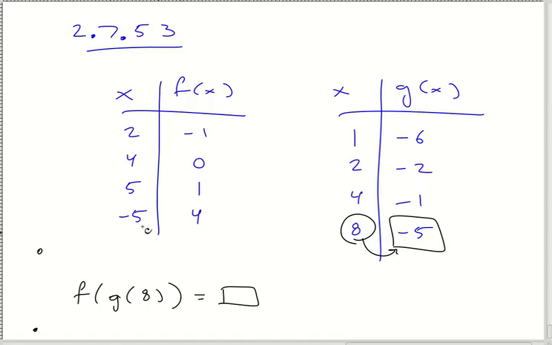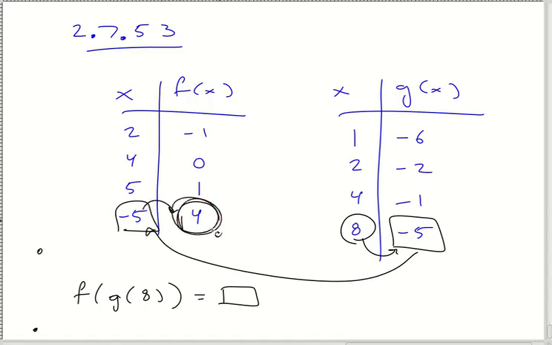Where's -5 around here? I already used that one. Where's another one? Oh, right here. And then I jump to the next one. That's it. Start with the 8, jump, find the other one, jump again. That is it. There's nothing else.